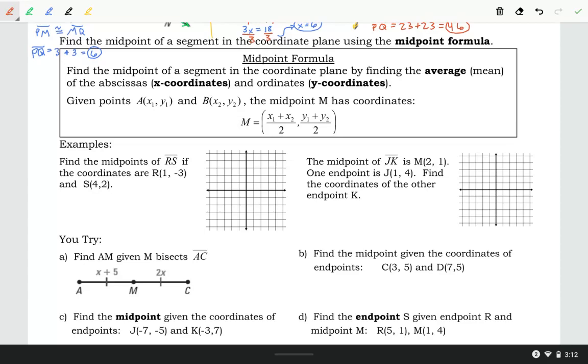So you may see it written as an x with a line over the top of it and then a y with a line over the top of it, because x with a line over the top of it means the average of the x's, and y with a line over the top of it means the average of the y's. We have two x coordinates, so that's why we added x1 plus x2 and then divided by 2 to find the average. The same idea with the y coordinates.